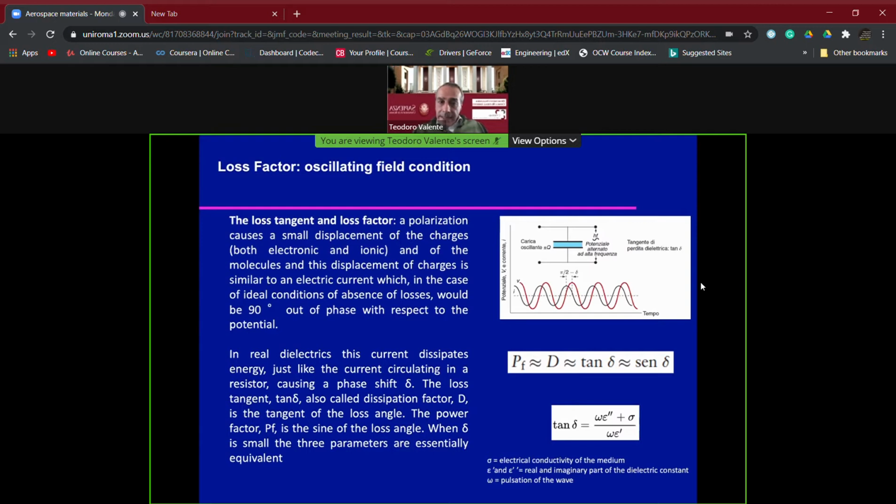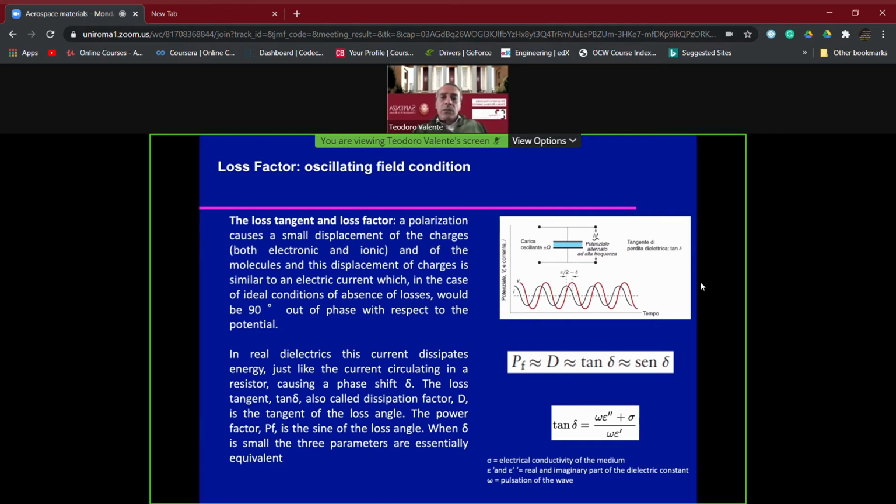It happens that the polarization due to the applied voltage is able to cause a small displacement of the charges, both electronic and ionic, of the molecules, and this displacement of charges is something similar to an electric current.